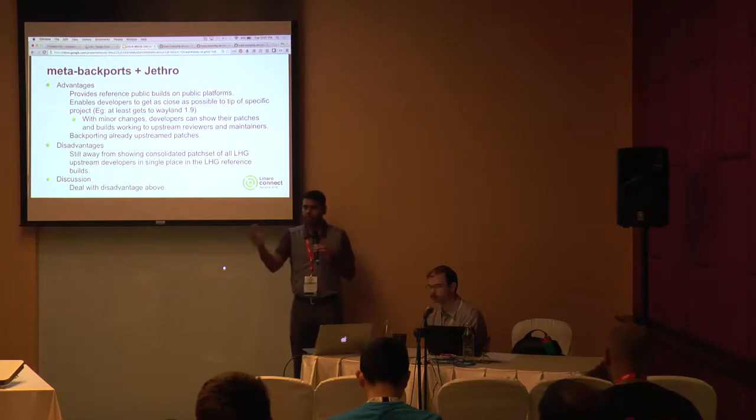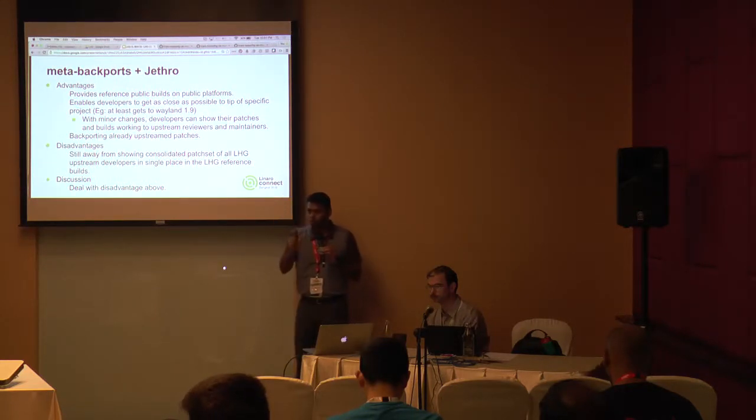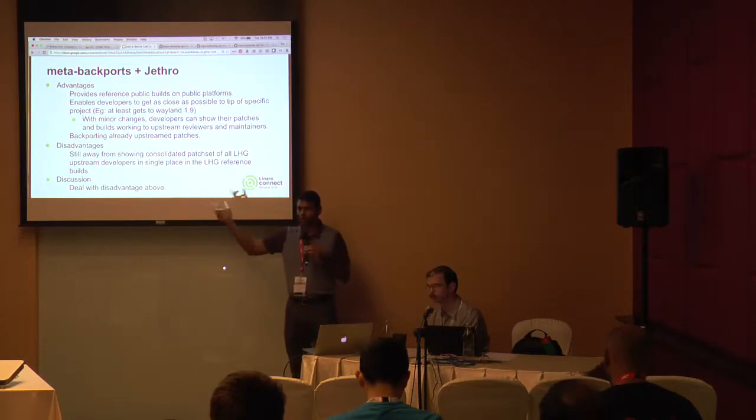But if half of the members say we want OE 1.9, and another member says we have to stick to OE 2.0, that means that feature has to be backported to two versions of Wayland, maybe 1.6 and 1.8, or 1.8 and 1.9, and that's going to be very, very difficult. But at least this gives you a framework: you use these commands, you get to Wayland 1.9. At least that is there with these builds.